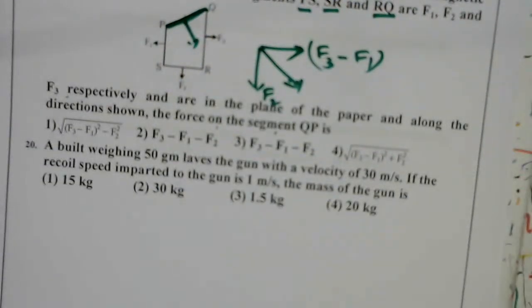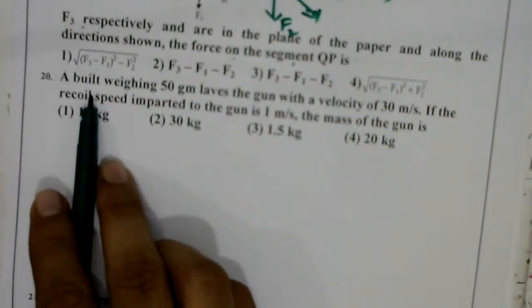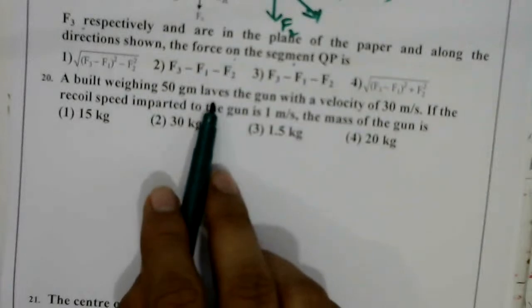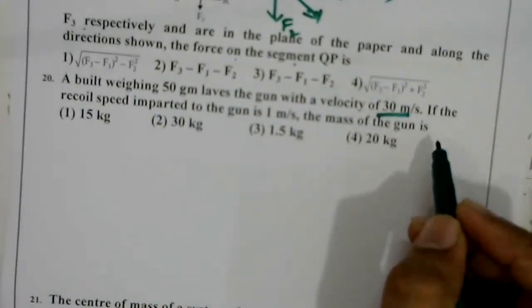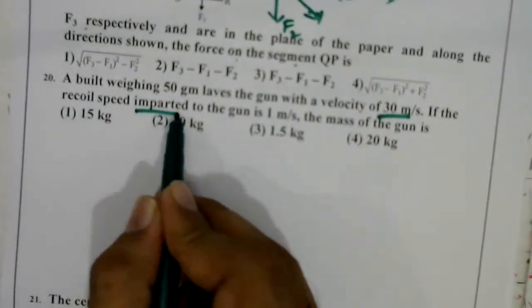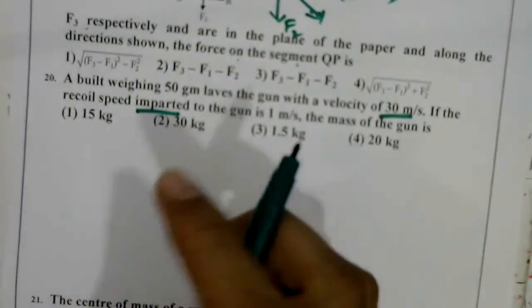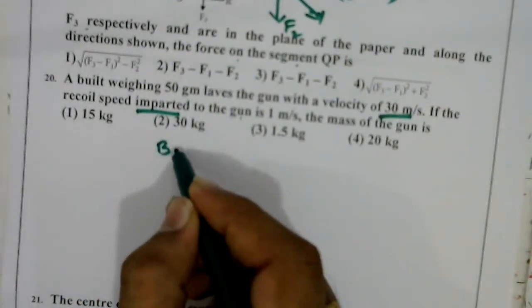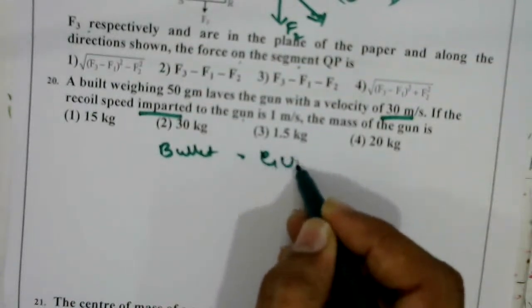Okay. Next one. A bullet weighing 50 gram leaves the gun with velocity 30 meter per second. If the recoil speed imparted to the gun is 1 meter per second, the mass of the gun? Momentum of bullet equal to momentum of gun.